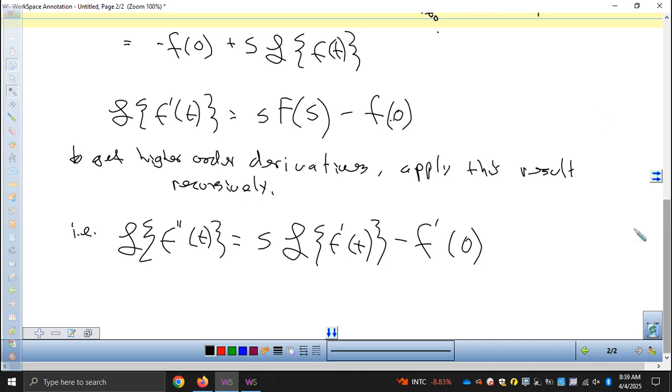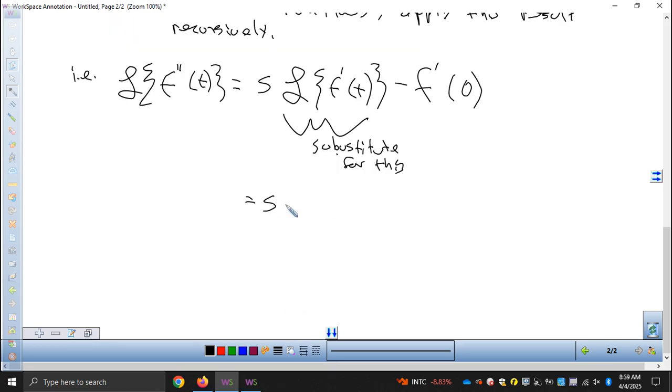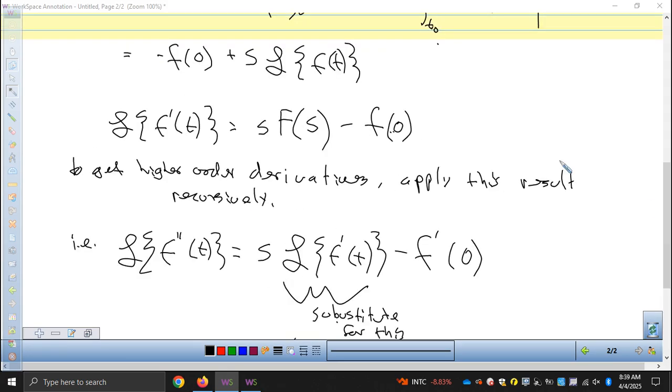And this part we would substitute, which we got here. So we get s times this whole thing.